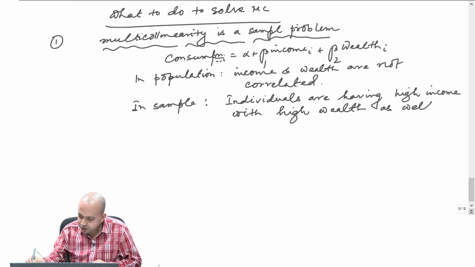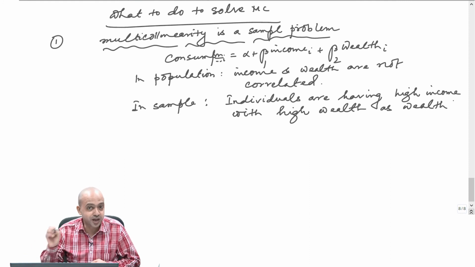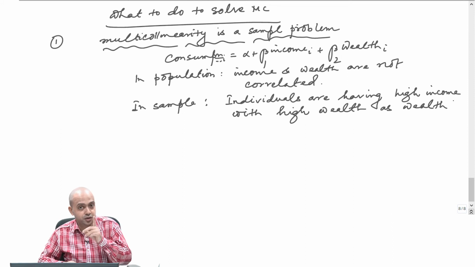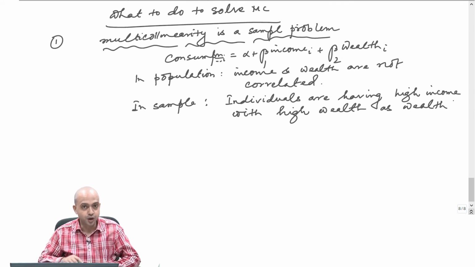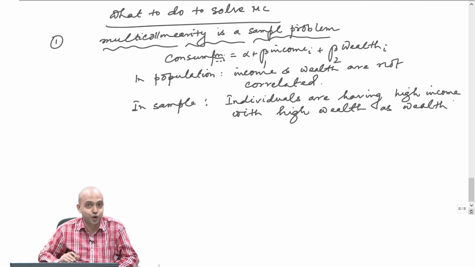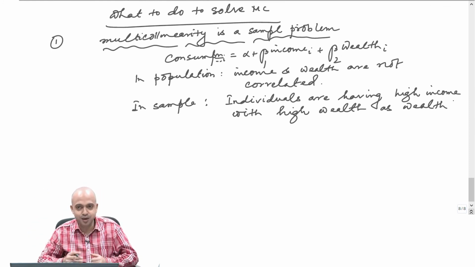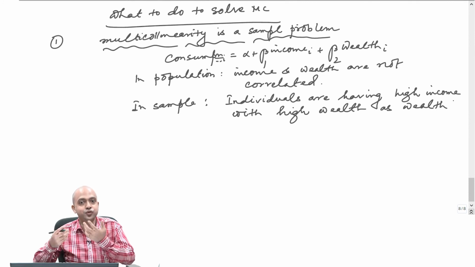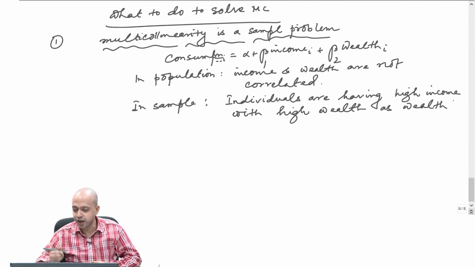So, even though in the population we assume income and wealth to be not correlated, because that is how consumption function theory says that consumption depends not only on individuals' income but also wealth, when we collect a sample, it may so happen that individuals are having high income with a high amount of wealth as well.